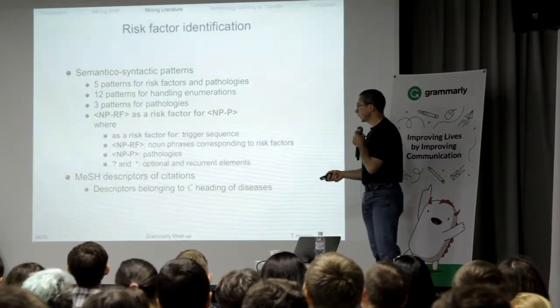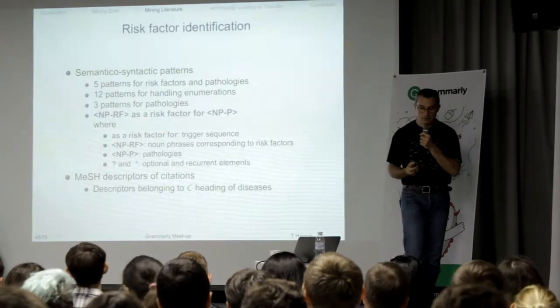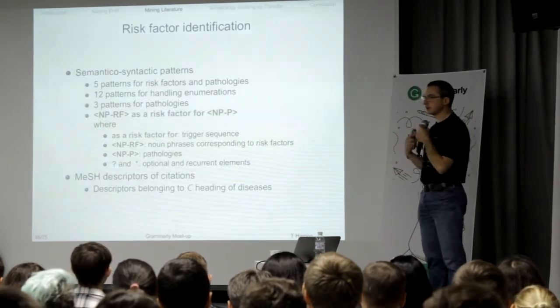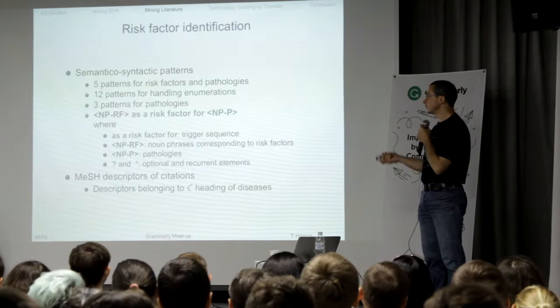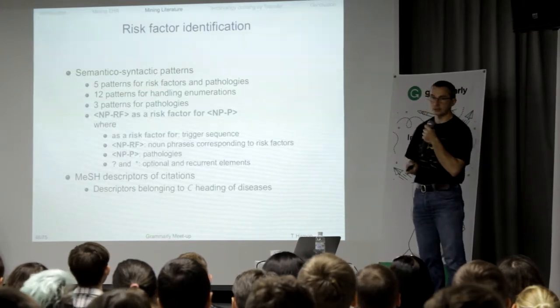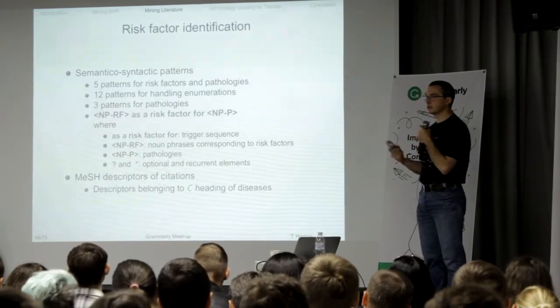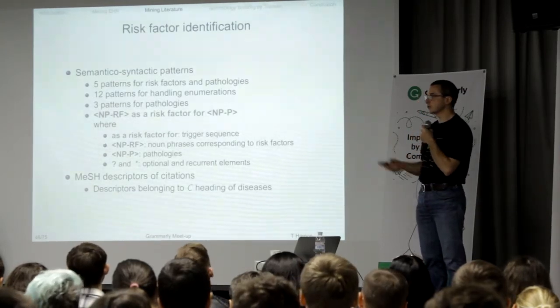And as we can have the information about the disorder with the MeSH indexation of the text, we use this information to identify if there is a pathology or not.